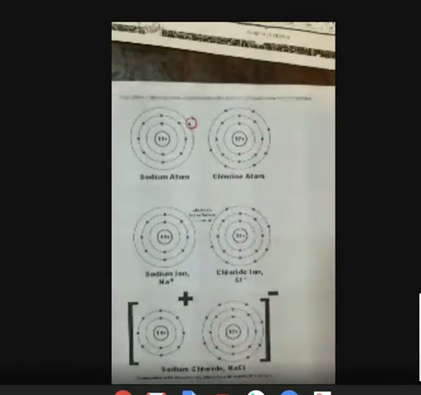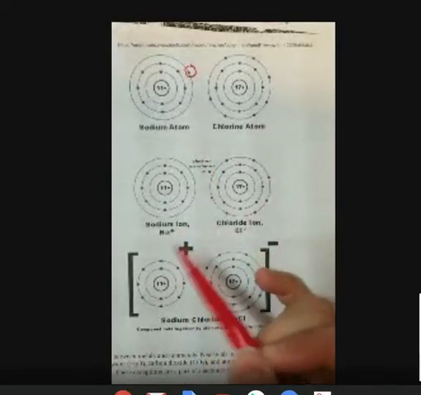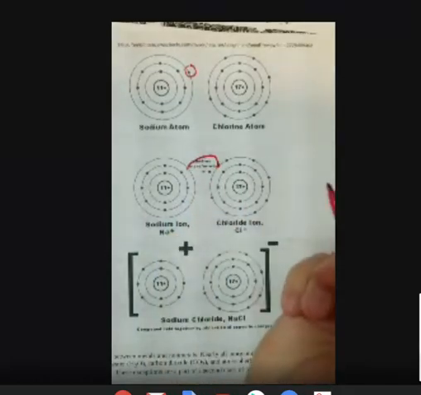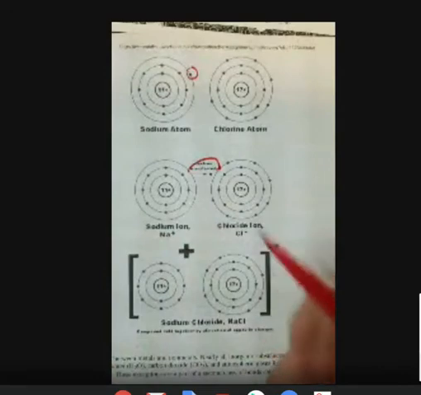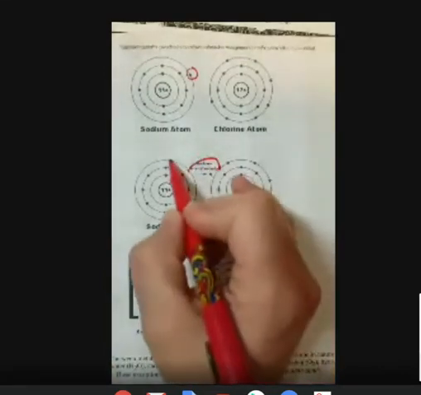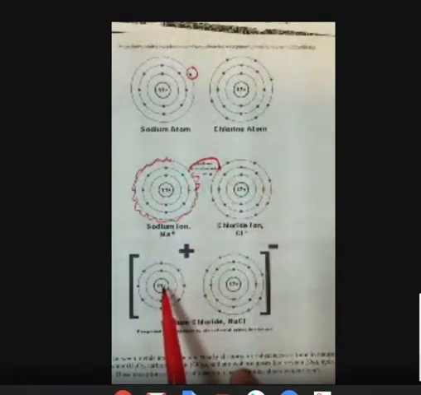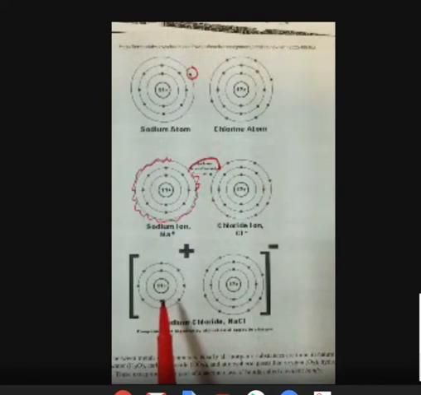So what sodium does, it's really easy for sodium to form this sodium ion. It literally is going to transfer an electron to chlorine. Chlorine is like, I will take that off your hands, and sodium is more than happy to get rid of it. And now you see that entire third energy level disappears, and the sodium is still sodium, but it looks like neon of the row before.